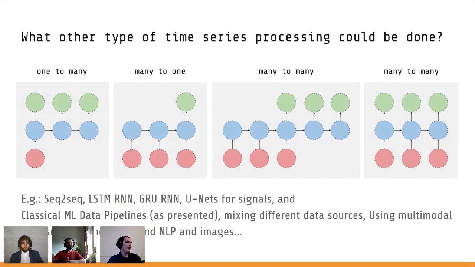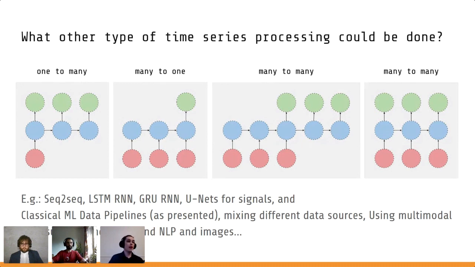So we could use the same design patterns and code structure to code other kinds of pipelines, such as sequence to sequence, LSTM RNNs, GRU RNNs, UNets, and things like that. We could use classical machine learning data pipelines as well, as we've presented right now.